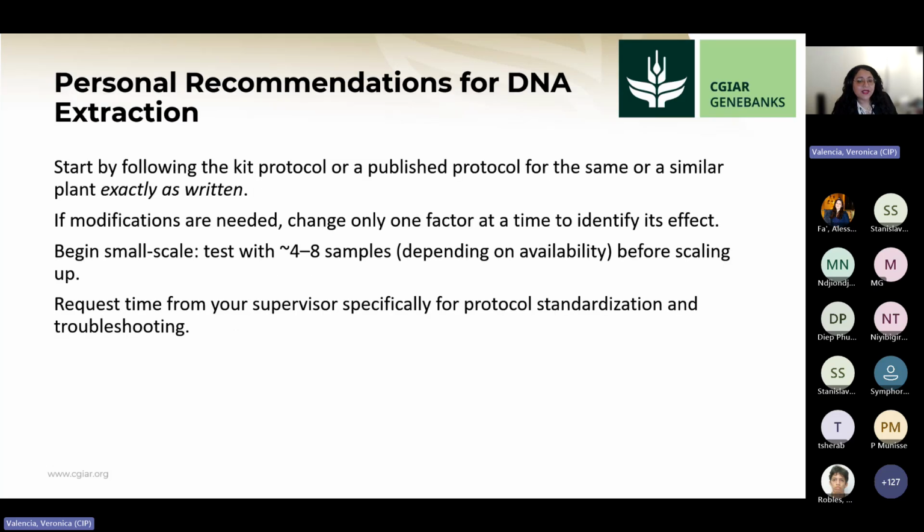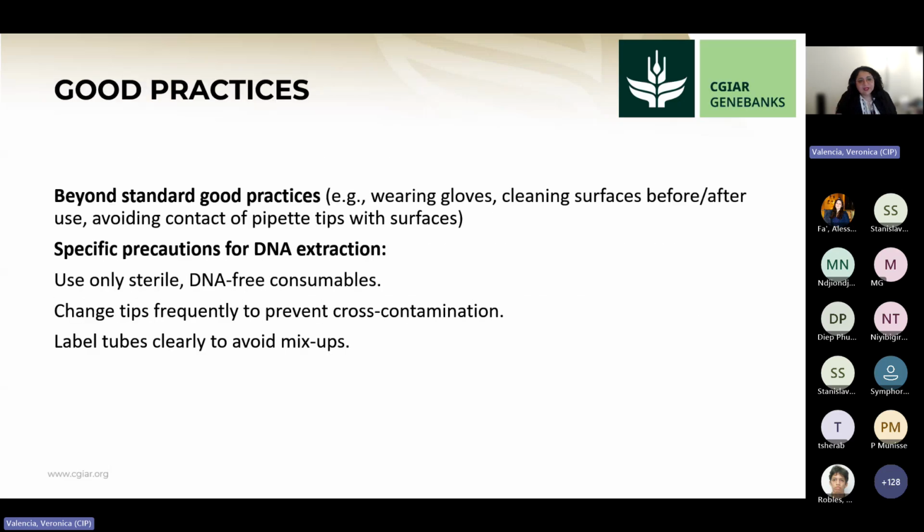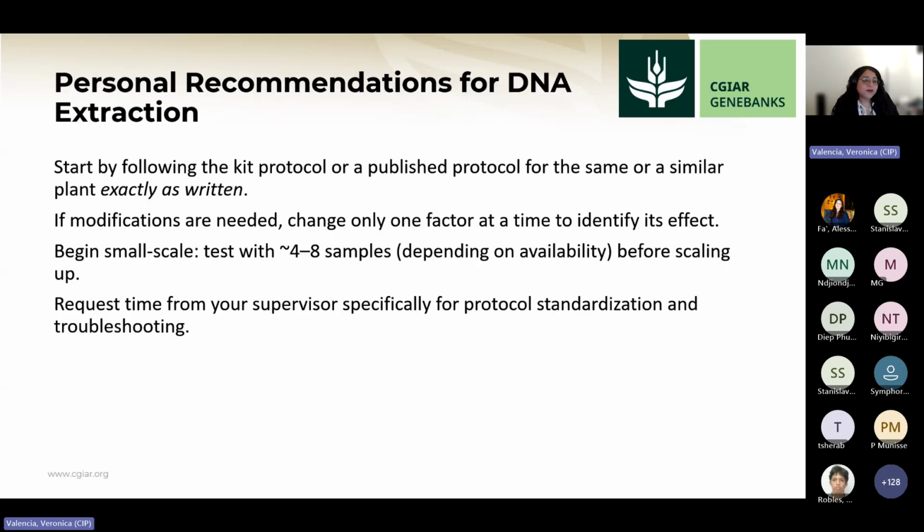But even beyond this, I would like to give some personal recommendations for DNA extraction based on my experience working with people doing their thesis, interns or new research assistants, etc. If you decide to work with a protocol, even if it's a kit protocol or a published protocol, you do it exactly as written before you do any modification.